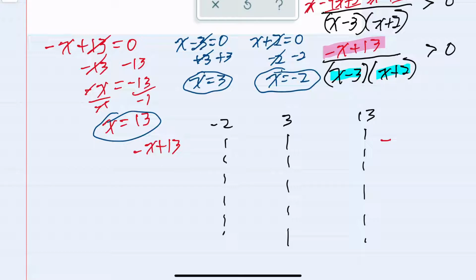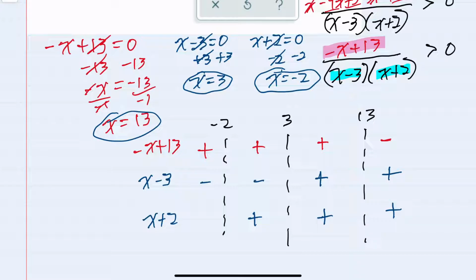This would give me a negative for any value larger than 13, and a positive for any value less than 13. For the first factor in the denominator, x minus 3, if I plug in a value greater than 3, this factor would be positive. Any value less than 3 would be negative. And then the last factor, x plus 2, any value greater than negative 2 that's substituted in would give me a positive. Any value less than negative 2 would be negative.